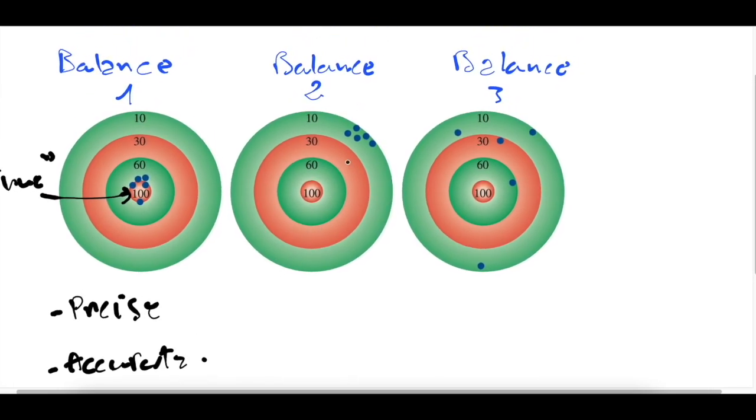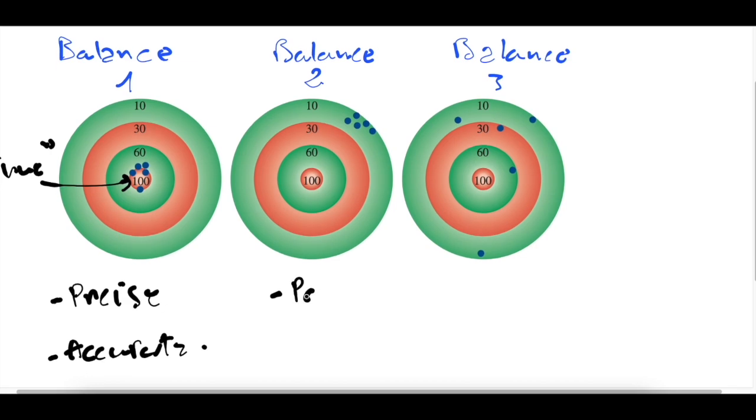With the second balance, we can notice easily that the 5 measurements are stuck together. They are very, very close to each other, which means that balance 2 gave a precise result.